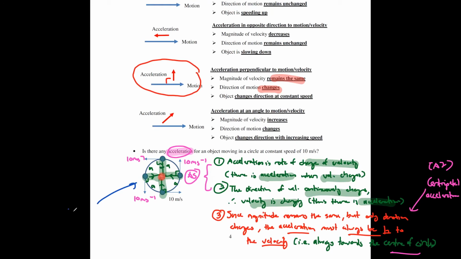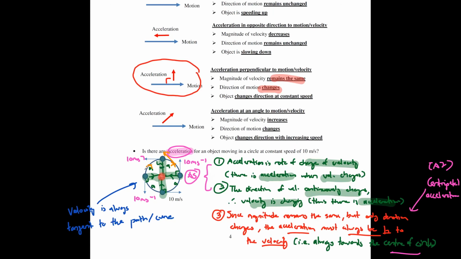Your velocity is always tangent to the path of the curve. All right, when you're moving in a circle, you want to find the velocity at any particular point on the path, it will always be tangent to it. So if I say I want to find out what is the velocity direction here, the velocity will be tangent to this point.